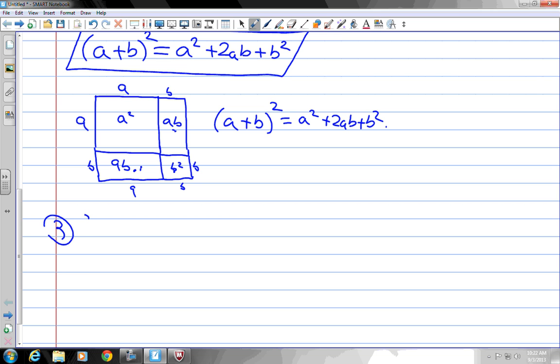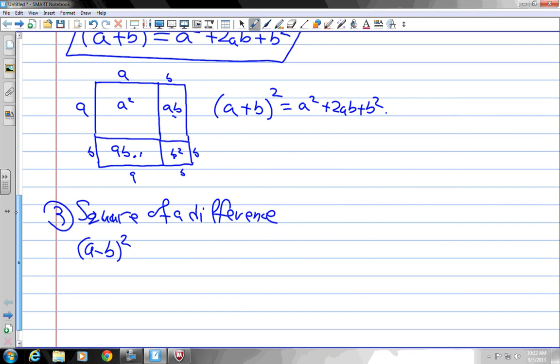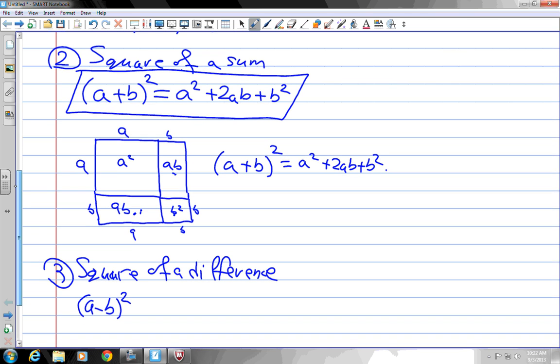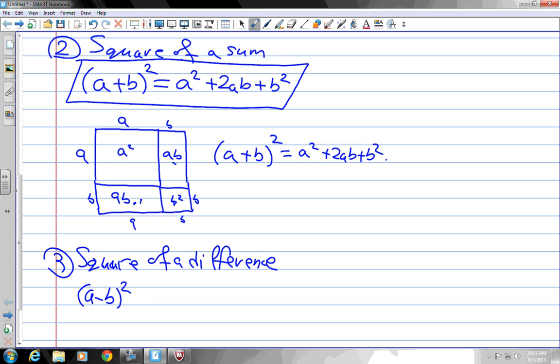The square of a difference formula. So it is (a minus b) squared. Now I can also just do the FOIL here, right?